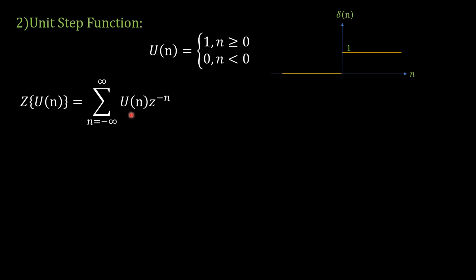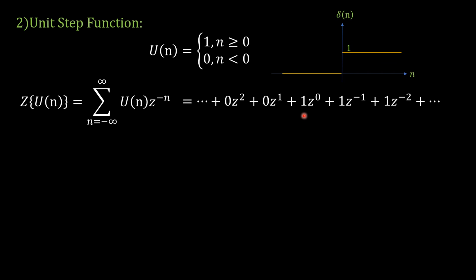Now u of n is 0 for n less than 0 and it is 1 for n greater than or equal to 0. So we will put the values directly and we will get dot dot dot plus 0 into z squared plus 0 into z raised to 1. So these are the terms corresponding to negative n, then plus the remaining terms, which correspond to n greater than or equal to 0, that is n non-negative.